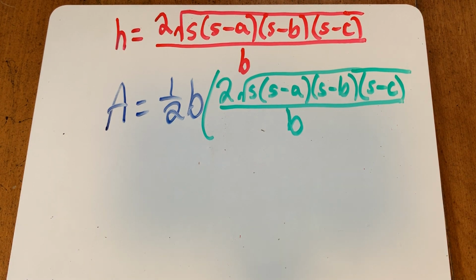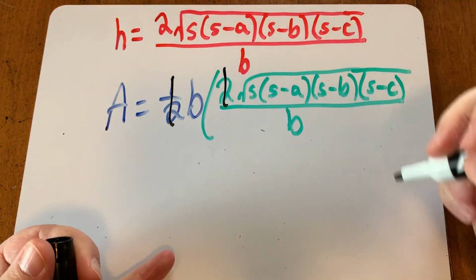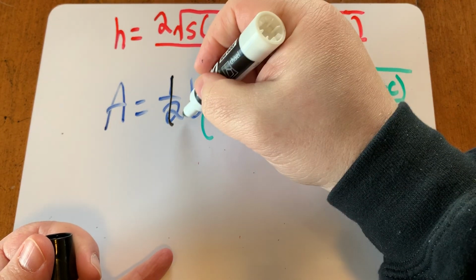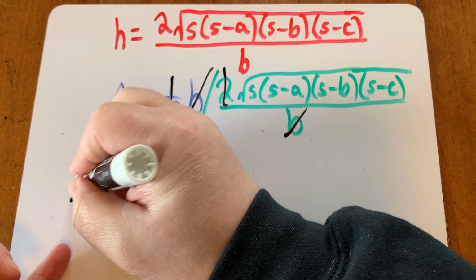No way. Look at that. 1/2 times 2, those multiply to 1. b divided by b, those divide off to 1. So we're left with Heron's formula.